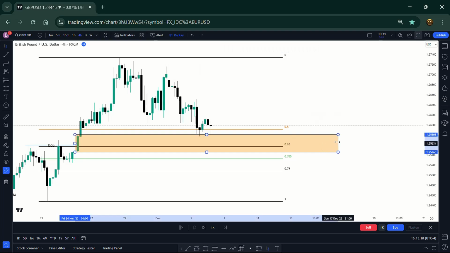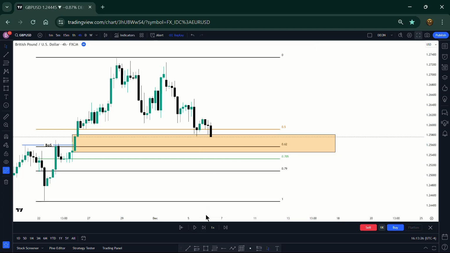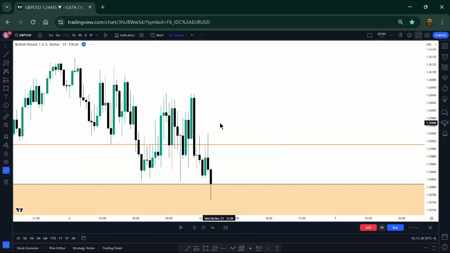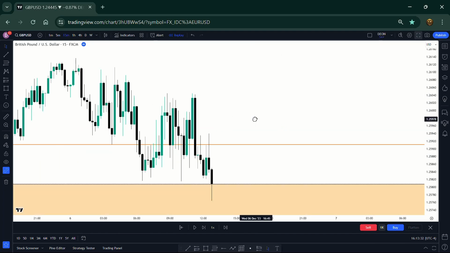Let's see if there's anything. Oh, it has already been touched. So let's go to the 15-minute chart. So the decision has already been touched. Let's see if there's any entry.